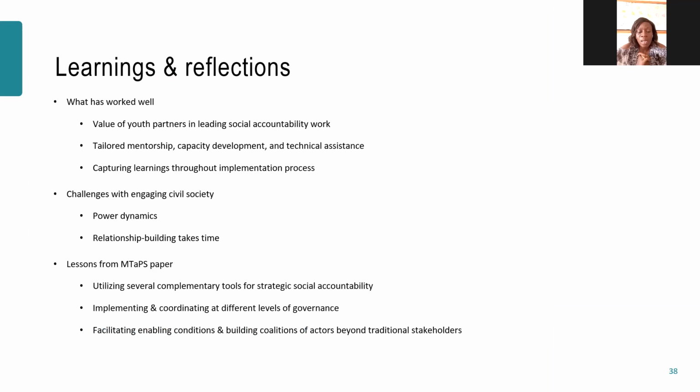To talk about the challenges, we have encountered quite a few challenges with engaging civil society. And one of the challenges I want to talk about is power dynamics. So at the start of the project, community leaders and some health workers, let me say Ghana Health Service, had assumptions as to how young people were going to lead this process.